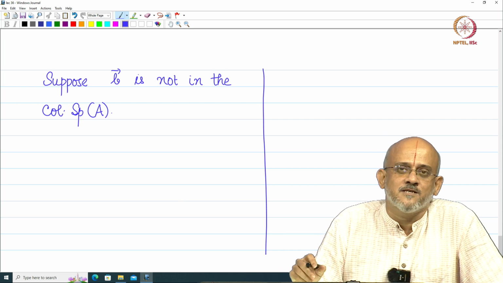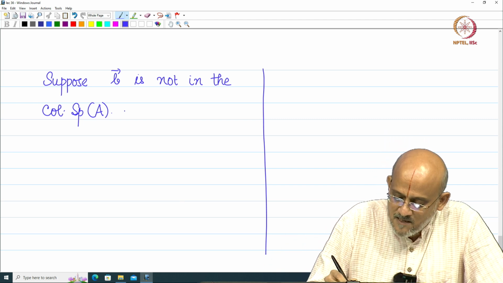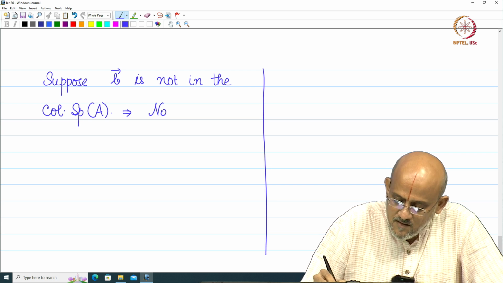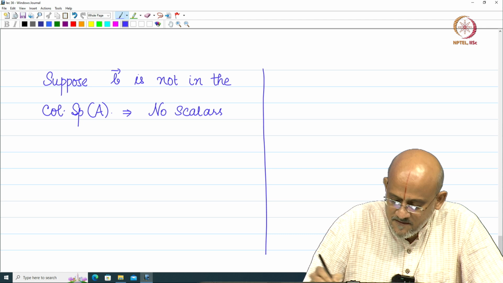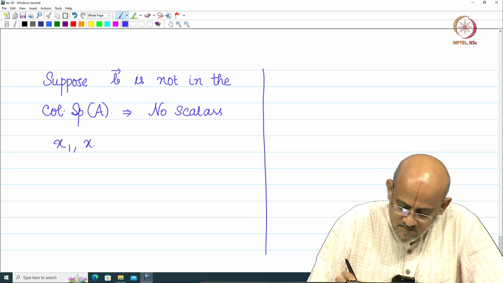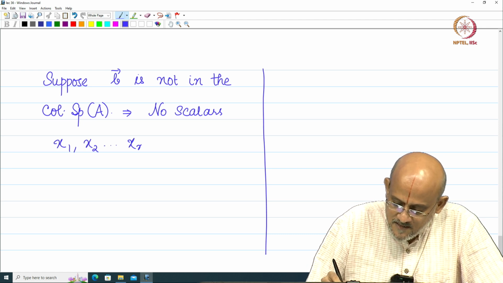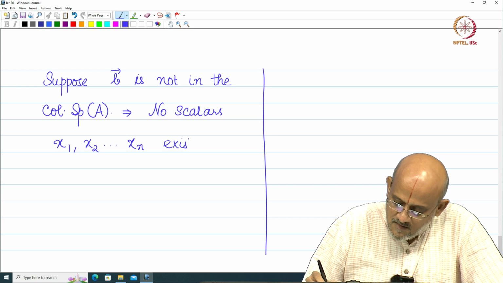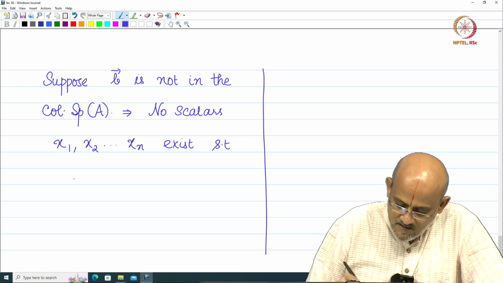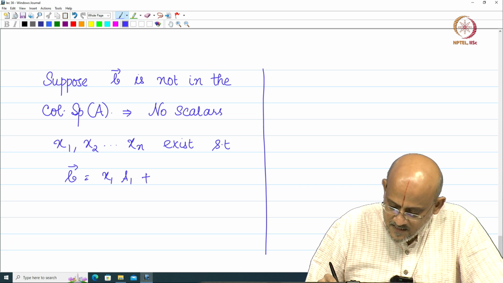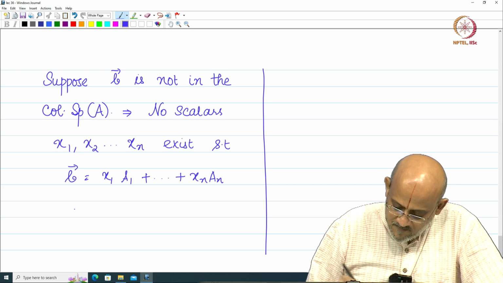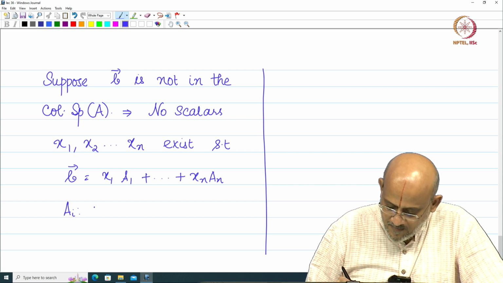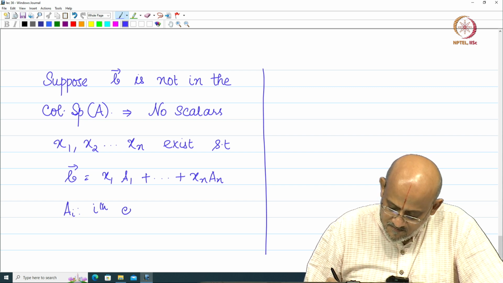You cannot find scalars x1, x2, ..., xn. This means no scalars x1, x2, ..., xn exist such that b is equal to x1 a1 plus etcetera plus xn an, where ai is the ith column of the matrix A.